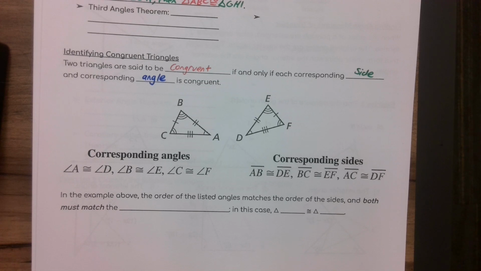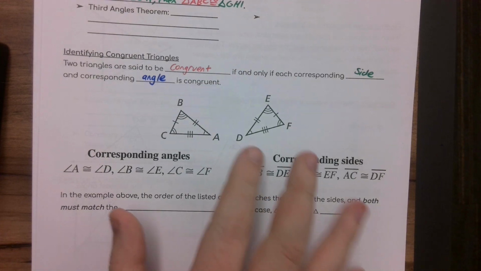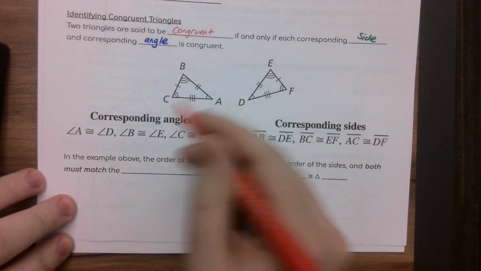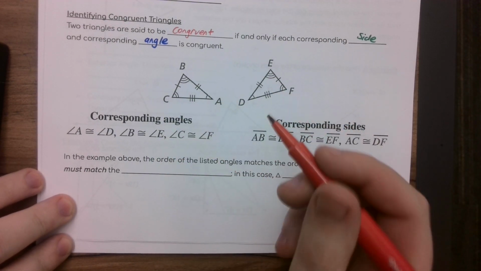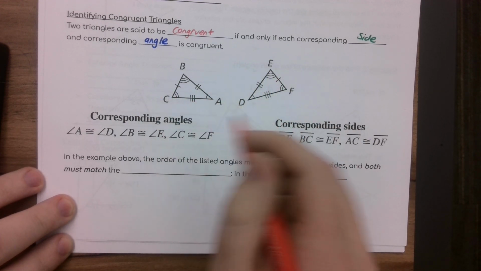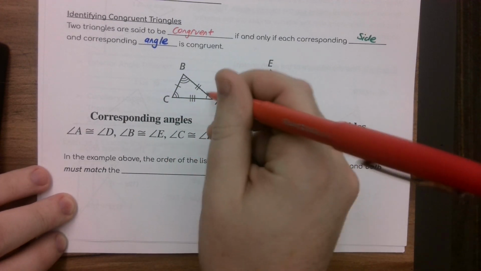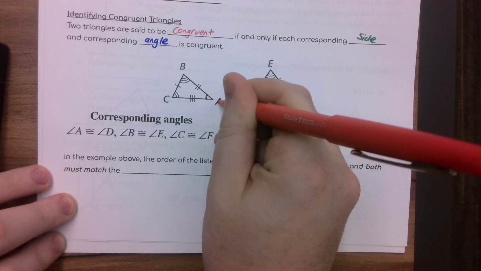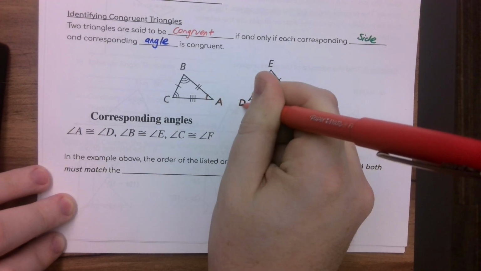So, down below, we see that we have a couple of triangles. If I'm trying to show that these two triangles are congruent, I need to match up the angles and sides that are congruent to each other. Thankfully, in this triangle, we are actually told that certain things are congruent, like A and D, for instance.